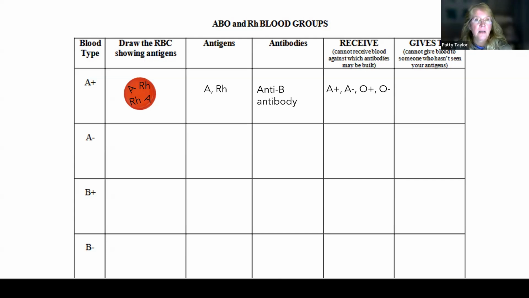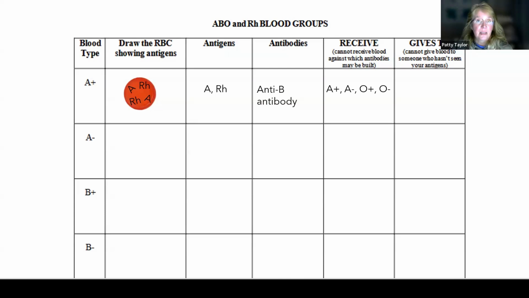So that's why we cannot receive any blood type with B. We carry that anti-B antibody. We would agglutinate any blood type with B. So no B positive, no to B negative, definitely not the ABs because of that reason.